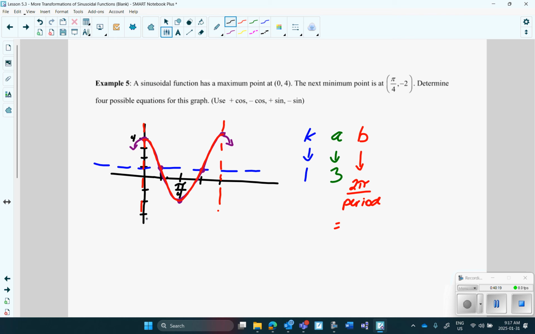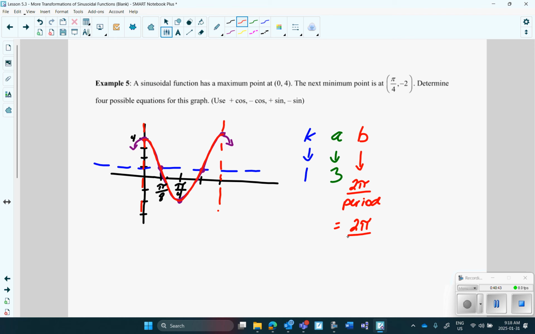How much is 1 notch? Pi over 8. When you take half, you just multiply the denominator by 2. So the period is 1 pi over 8, 2 pi over 8, 3 pi over 8, 4 pi over 8.